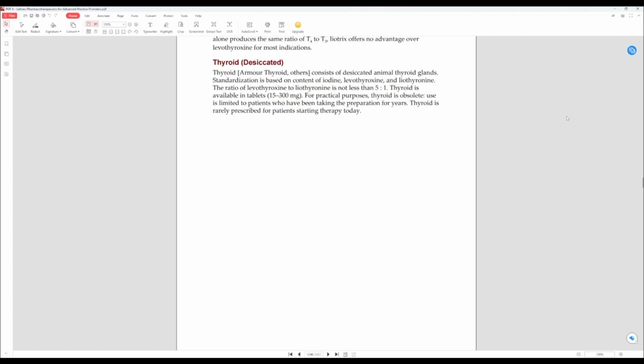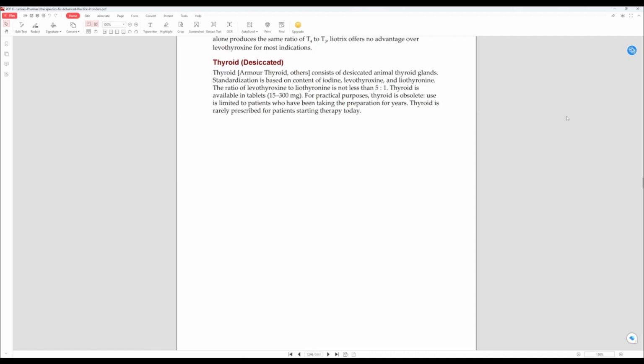Thyroid desiccated. Thyroid, Armour Thyroid, and others, consists of a desiccated animal thyroid gland. The standardization is based on content of iodine, levothyroxine, and liothyronine. The ratio of levothyroxine to liothyronine is not less than 5:1.